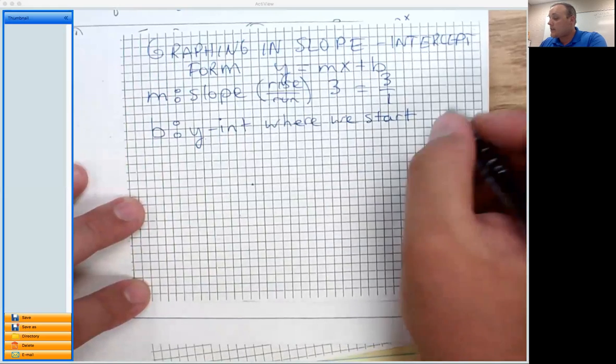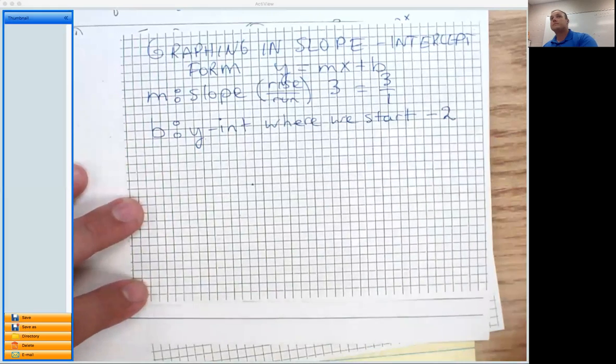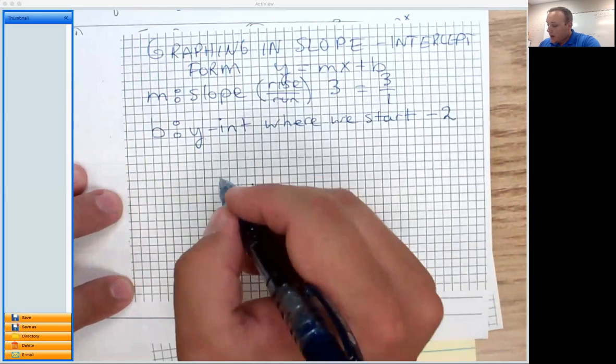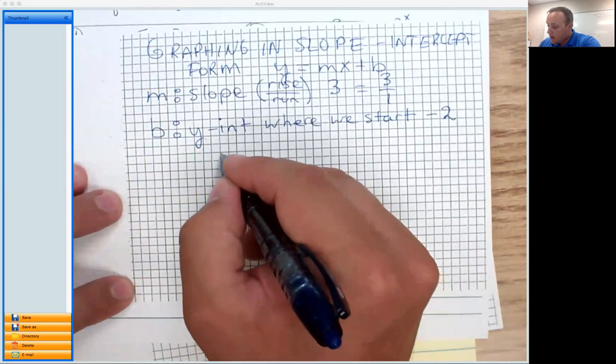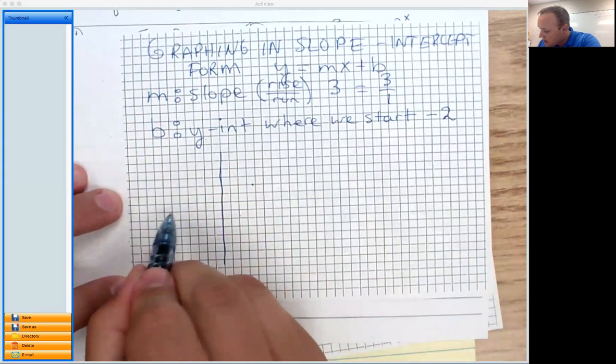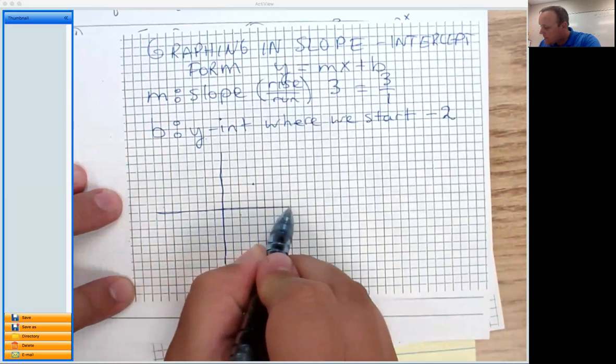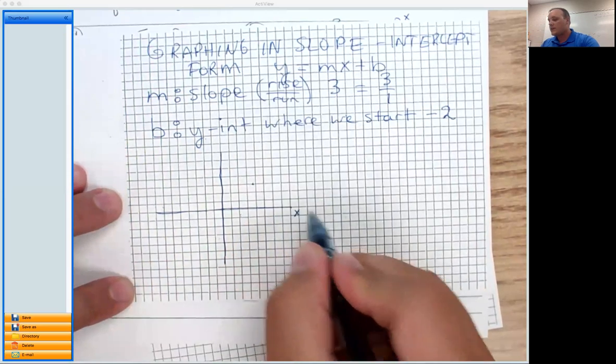Let's say our y-intercept is -2. Okay. I want you to draw a y-axis and an x-axis. Label it x and y.